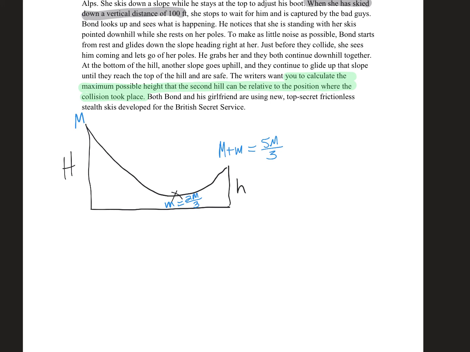So now there's going to be a momentum that Bond has. When he catches up with his girlfriend, they will obtain a new momentum because of additional mass, and then that has to somehow be what speed will allow this collision to get them safely up to the top of the next hill.